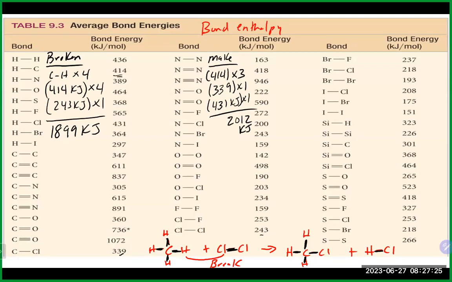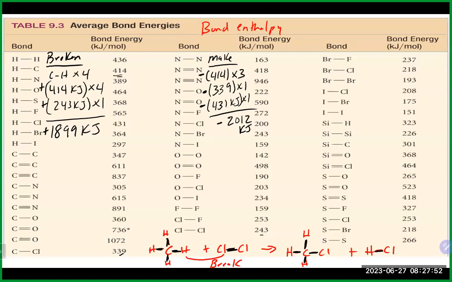Now, as we talked about earlier, our breaking part, when we go to break bonds, that is an endothermic process, which means really all these values here are positive, right? When we go to make bonds, it's an exothermic process, which means really all these values here are negative. Which means that should be actually negative.